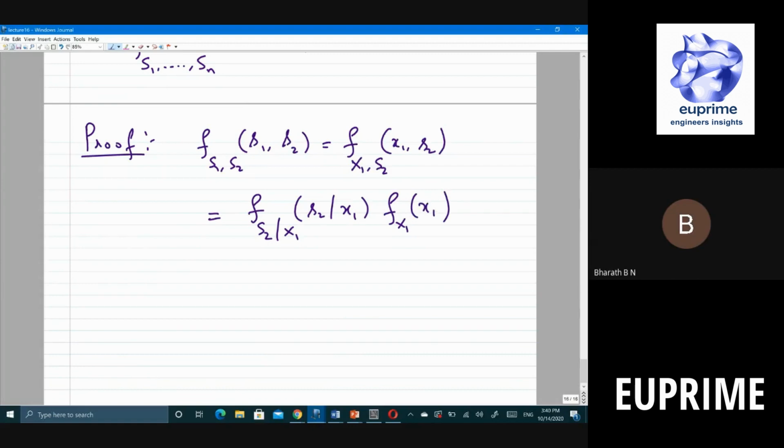You agree? Now, conditioned on x1, what can you say about S2? Let me write this. This is S1, the first arrival. I'm talking about S2, the second arrival. S1 is the same as x1. This will be x2.